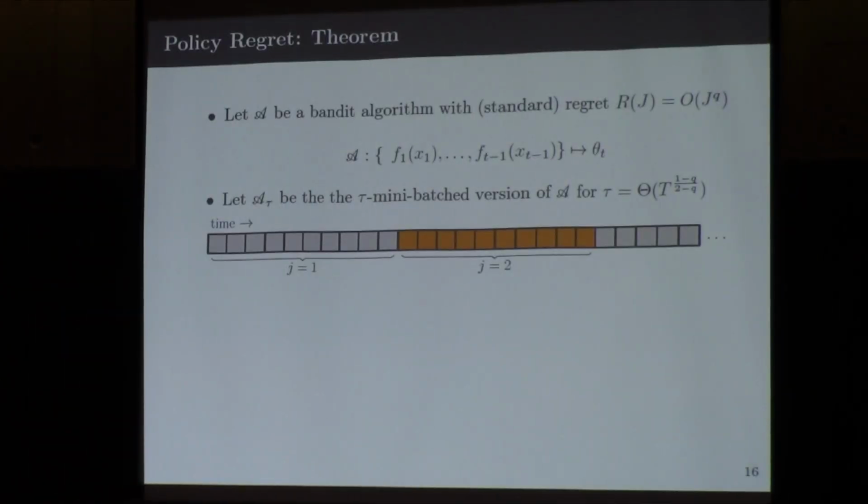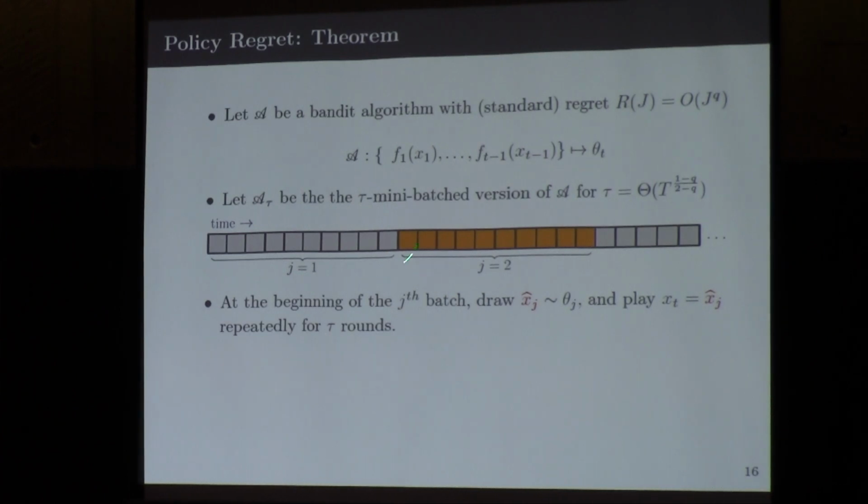And we're going to give a very simple reduction, which is simply based on this idea of mini-batching, or slowing down learning, if you will, which is as follows. We're going to construct a learner A_tau, which is a tau mini-batch version of A, for some tau we'll set in a bit. It chunks the rounds into batches of size tau.